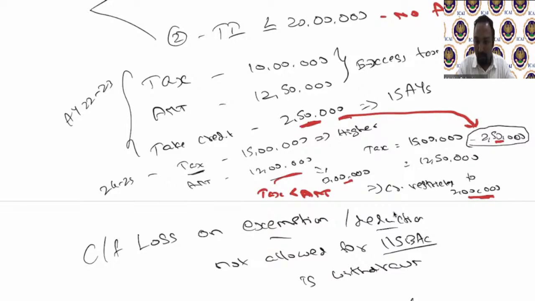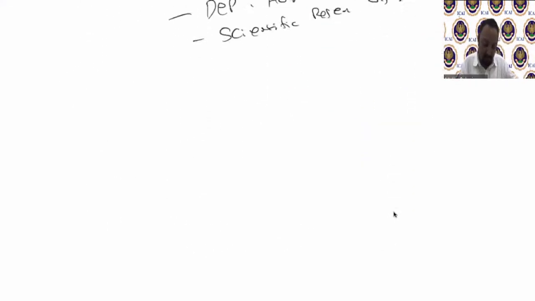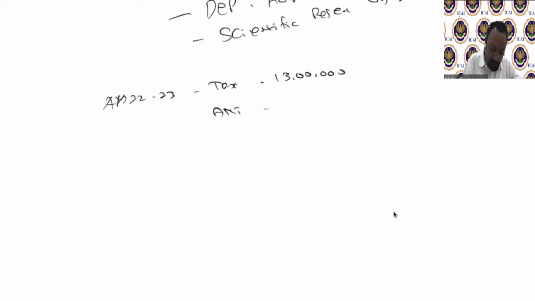Okay, some of you wanted to understand this 3 lakh again, the credit alone. So probably I'll repeat this example. In assessment year 22-23, your tax under normal rate is 13 lakhs. Your AMT is, sorry, 15 lakhs.